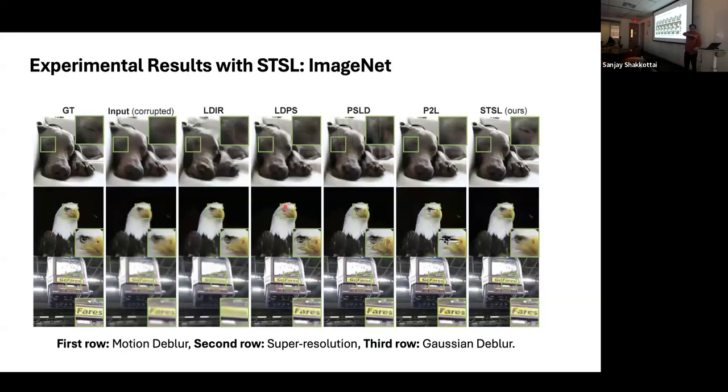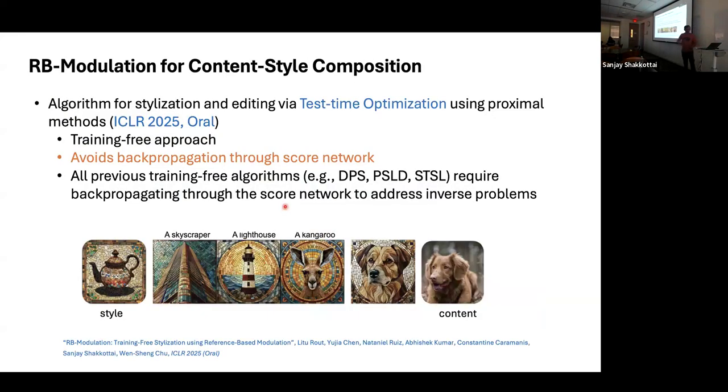All right. So this brings you to prior stuff, and now I want to start talking about two algorithms, RB-Modulation and RF-Inversion, which are currently state of the art for diffusion models and flow models. So what is RB-Modulation?